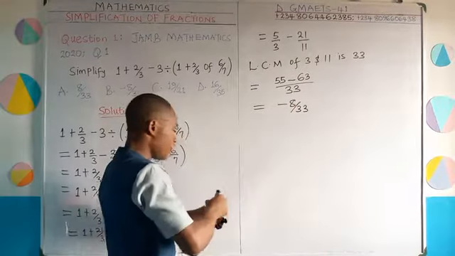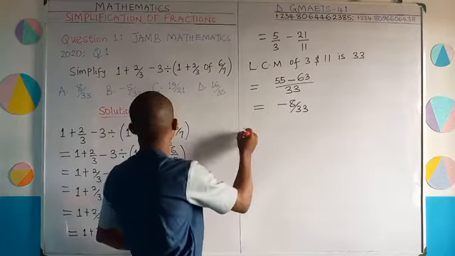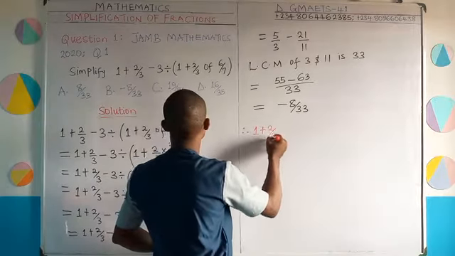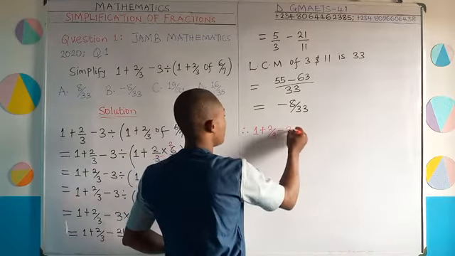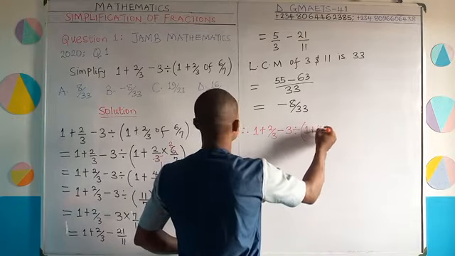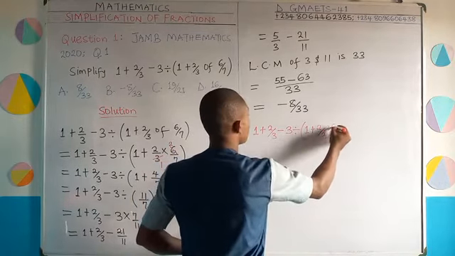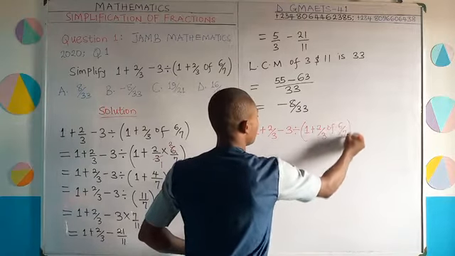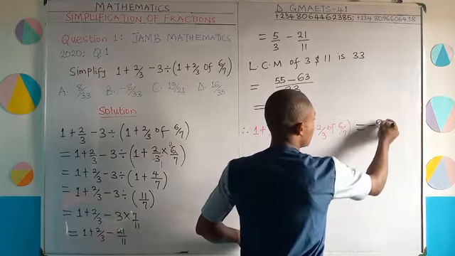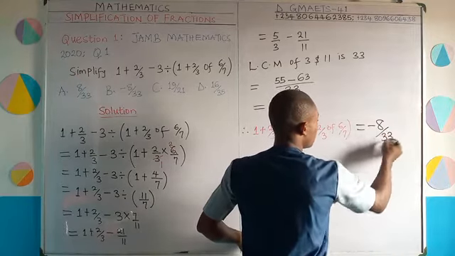In conclusion, therefore, the question given to us, which is 1 plus 2 over 3 minus 3 divided by, open bracket, 1 plus 2 over 3 of 6 over 7, the whole answer is going to give us minus 8 over 33.